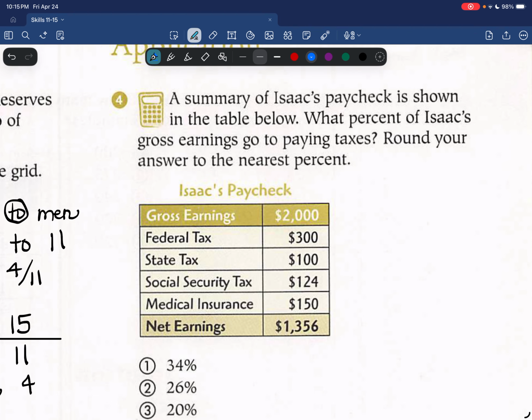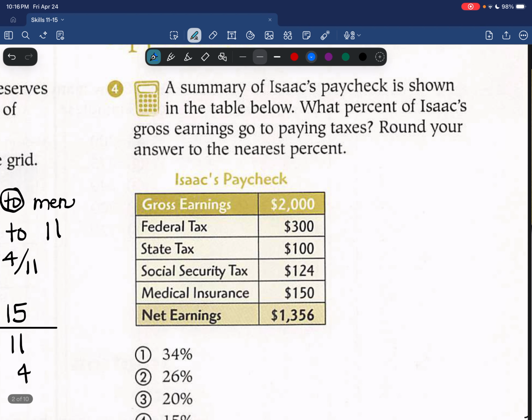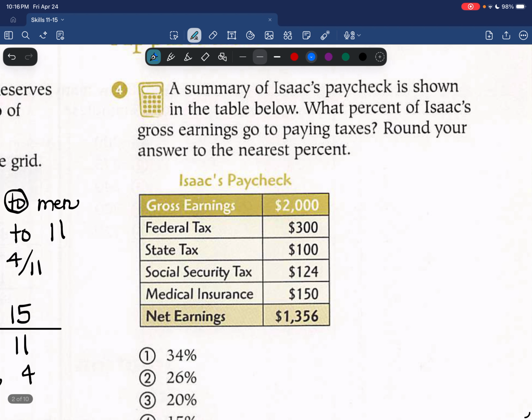What percent of Isaac's gross earnings go to paying taxes? Round your answer to the nearest percent. Now, this is not asking me for a ratio per se. It doesn't say what is a ratio, it says what is a percent. But if you can get the ratio, then you can get the percent.